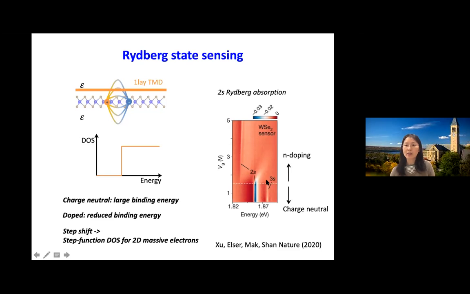And the 3s becomes very weak. You almost don't see it. Okay, so I hope with this I convinced you that this could be a sensitive probe of the local dielectric environment. So now let's put this to work and put our Moire superlattice next to our sensor.